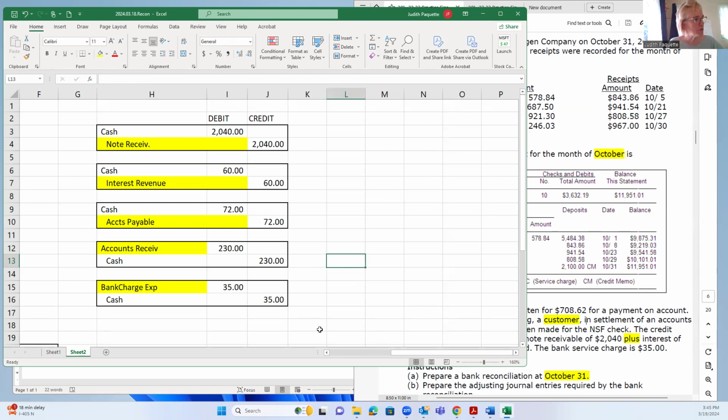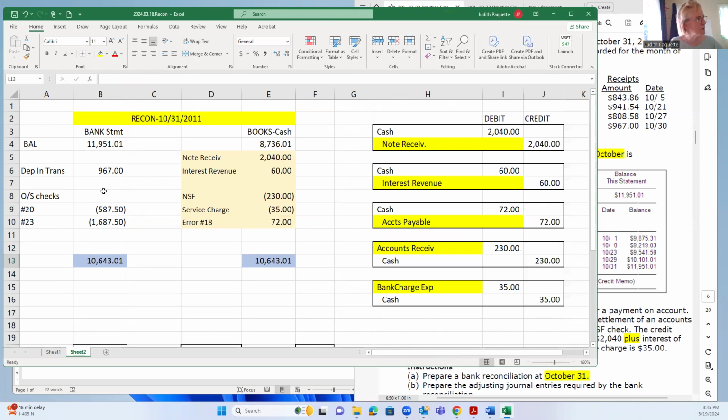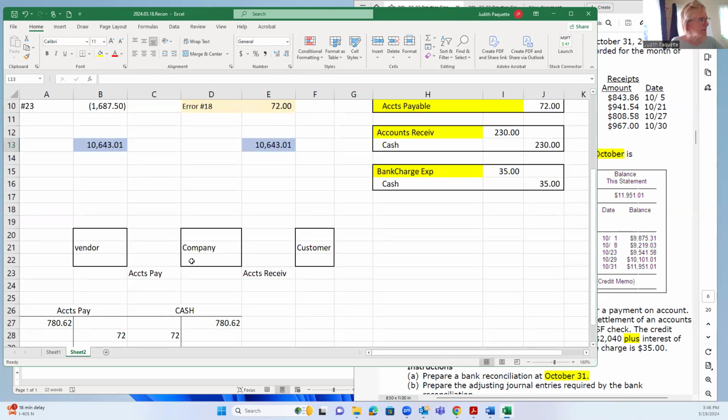But remember, we don't do descriptions on tests. So, all right. Okay, anything else on that problem? That's a good problem because it kind of forces you to understand bank recon, but also kind of review that company, vendor, customer, all of that. And remember, vendor's just another word for supplier.